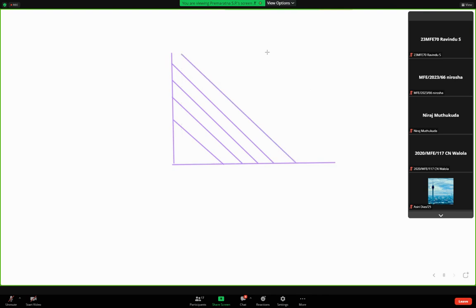Let's say these are different budget lines and the indifference curves.